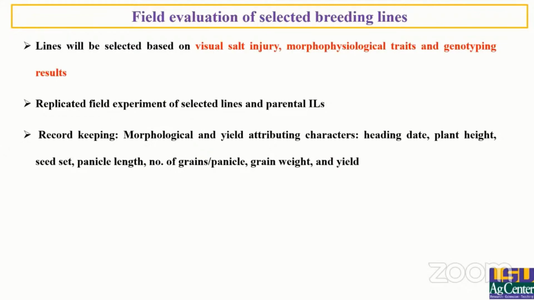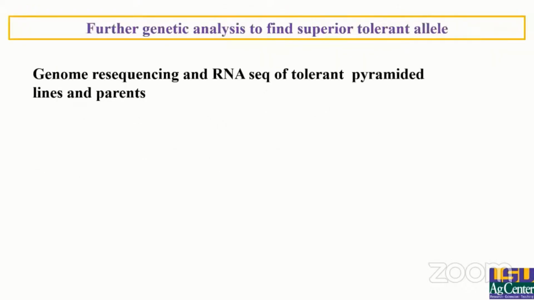A replicated field experiment will be conducted for the selected lines and the parental lines, and we will keep records for morphological and yield attributing characters: heading date, plant height, seed set, panicle length, number of grains per panicle, and grain weight, so that we can evaluate them for superior agromorphological characters. Further genetic analysis will be done to find the superior salt tolerant alleles.